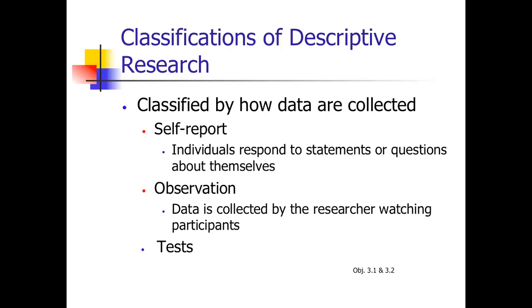What we mean by self-report is the respondents judge themselves about the item, how well this item applies to them according to their experience. So every time you use a questionnaire, the research is called self-report research. Individuals respond to statements or questions about themselves.